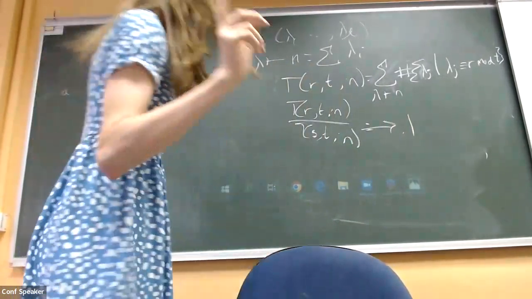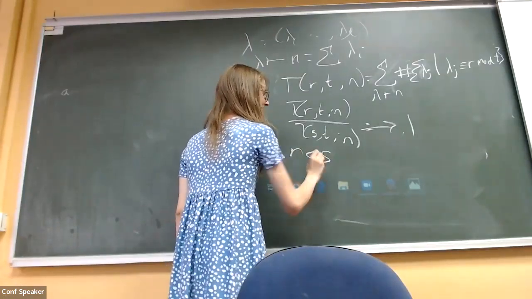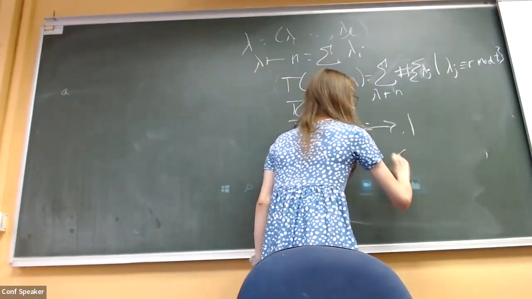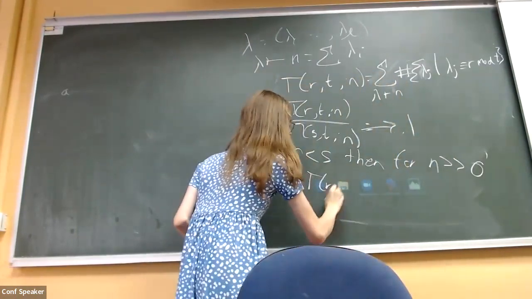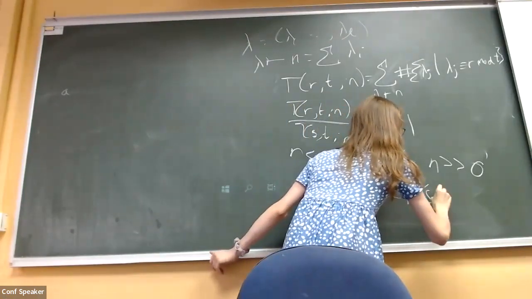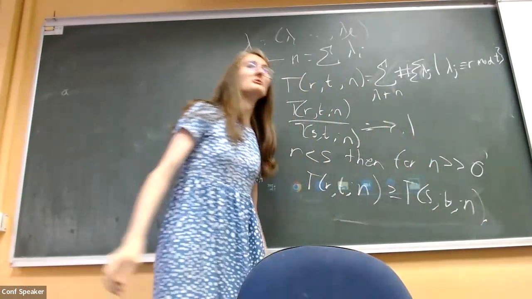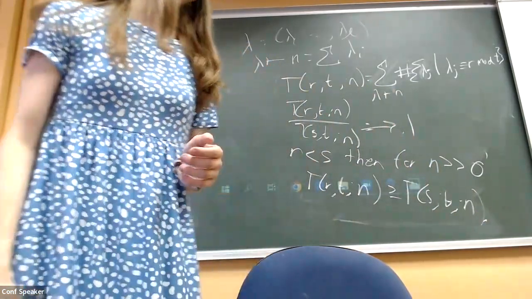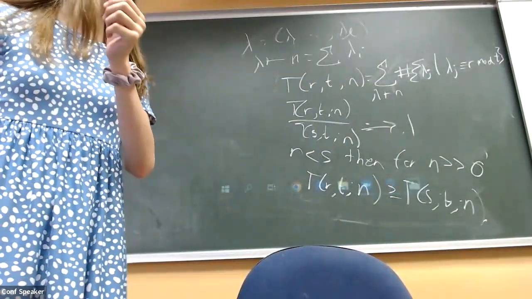However, they proved something more amazing, which is that if r is less than s, then for n very large, T_r,t(n) is greater than or equal to T_s,t(n). So there's an asymptotic equidistribution, but there's also a bias. The way this is done is the circle method and lower order terms.